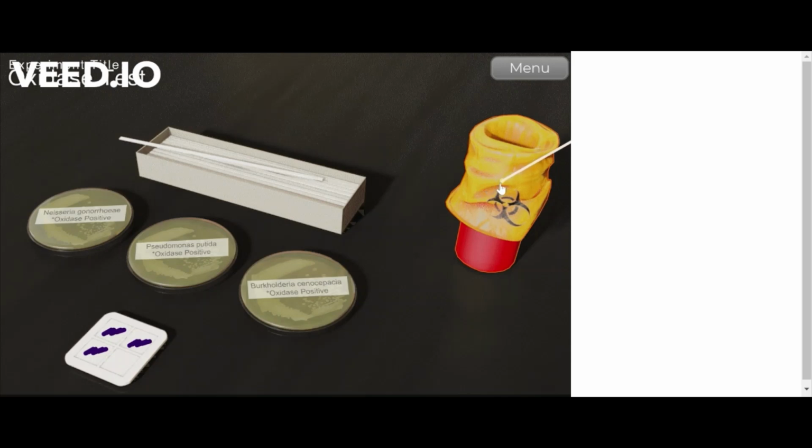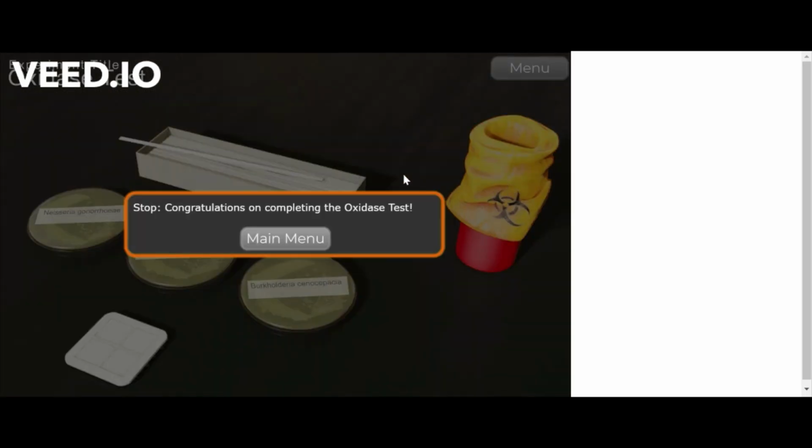Next, I will dispose of the toothpick, and after recording our result, I will dispose of the dry slide. So done with the oxidase test.